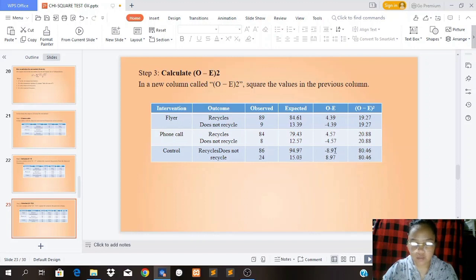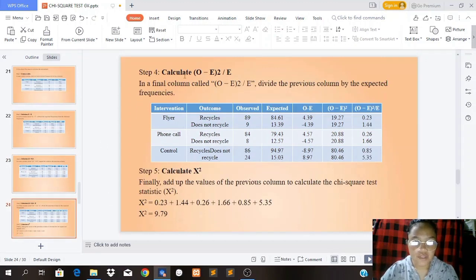Negative 8.97 times negative 8.97 equals 80.46, same as 8.97.